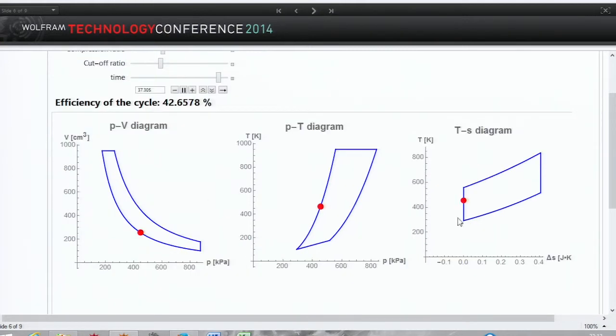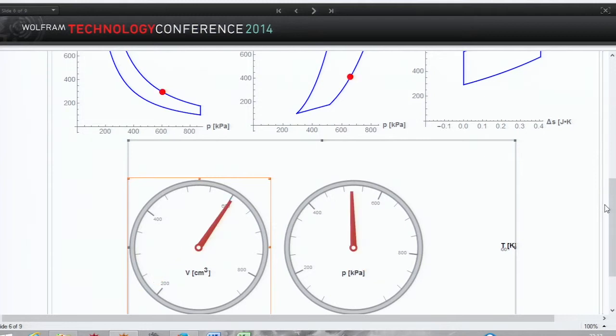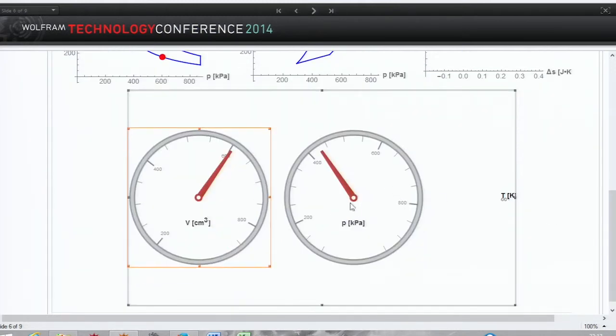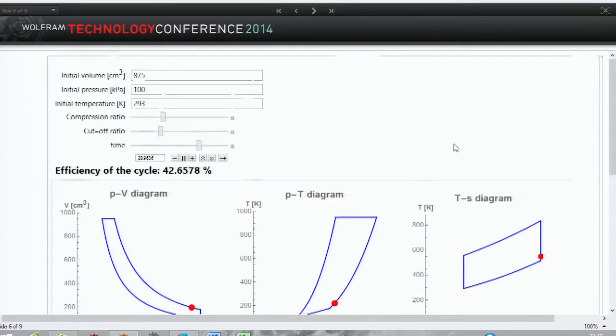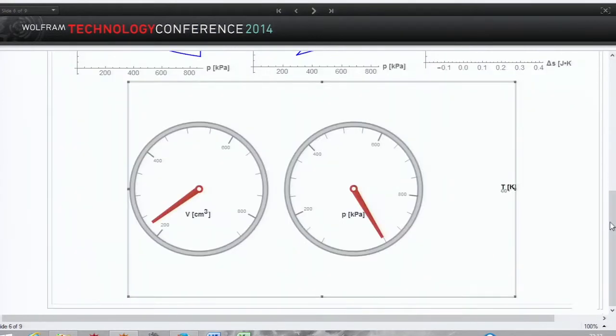And also we applied angular gauges that have been in Mathematica since version 9, because why not? It's much nicer using these gauges than just having dynamically changing numbers.